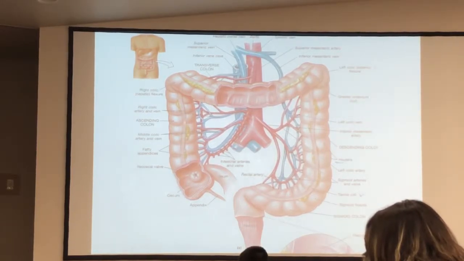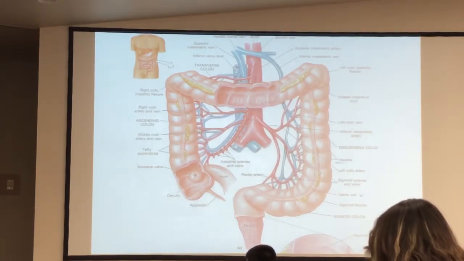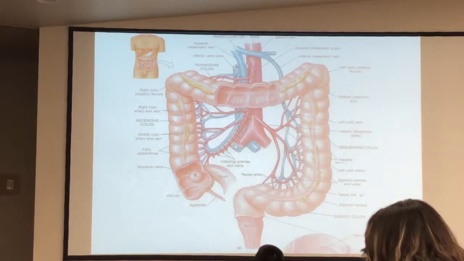Go down to here. This one will show you the band. That's the longitudinal muscle here, and we call it taeniae coli. Okay, 3 bands. This one is showing one side and the other side. Suppose it's a tube: longitudinal muscle should cover everything, but now there are only 3 bands.